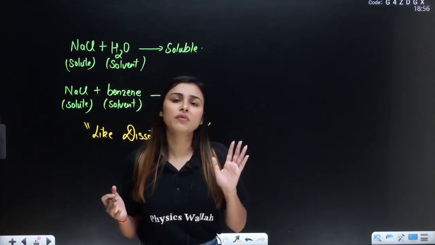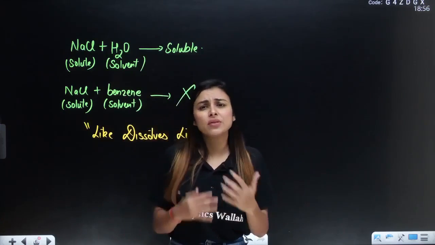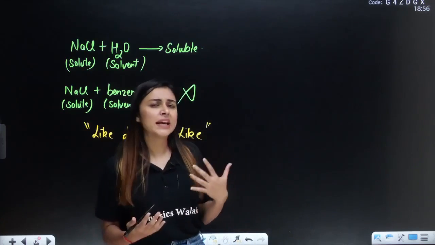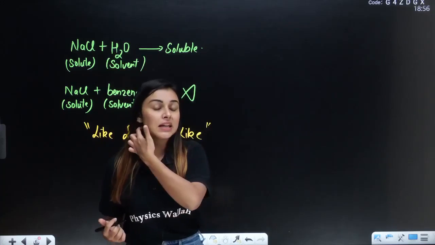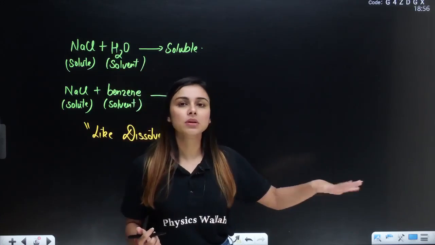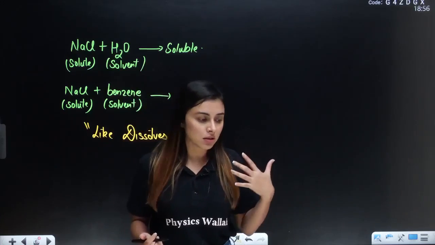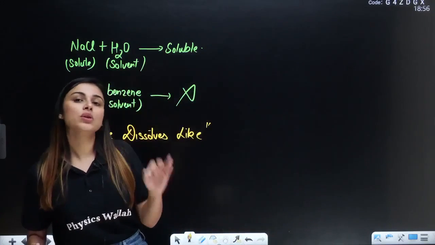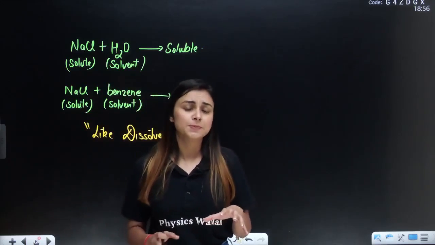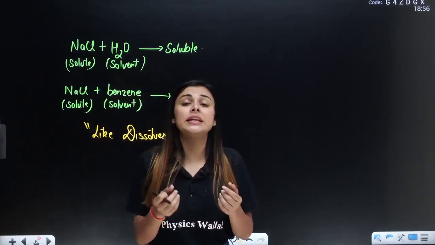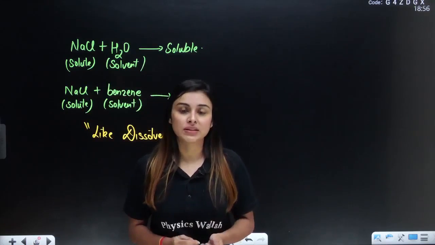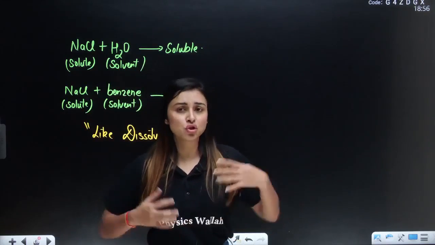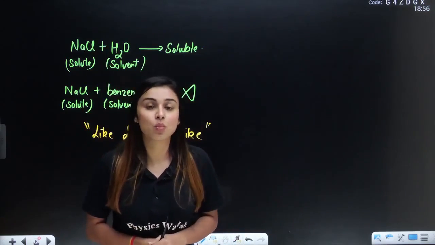No. We generally get along with people who are like us. Same way, your solute and solvent want to have nearly the same intermolecular forces so that they can be soluble in one another.